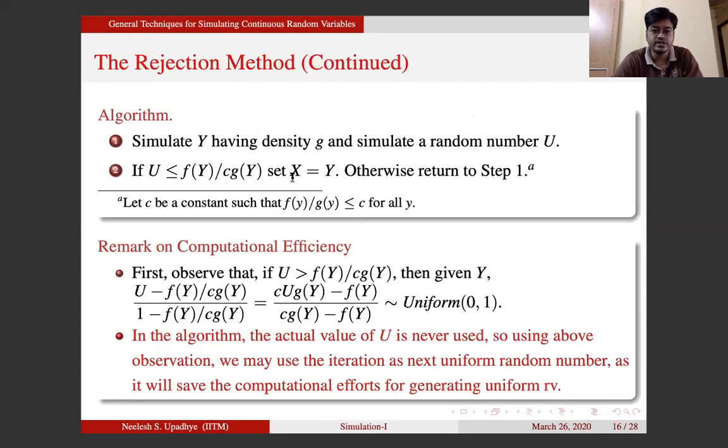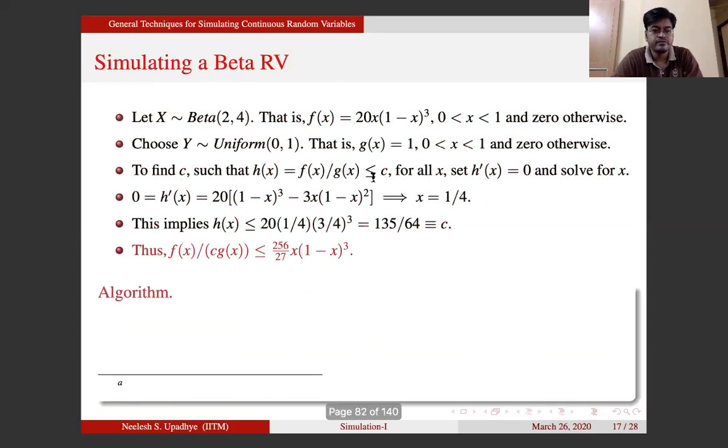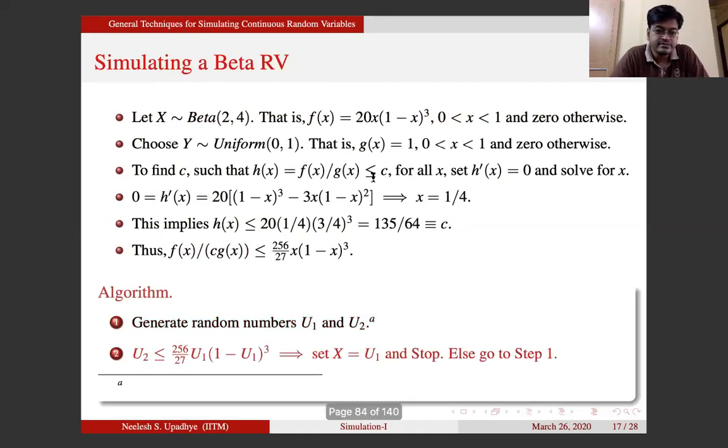We have figured out what it is, and we will simulate a random variable. So I have generated two random numbers, u1 and u2. Then 256/27 u1 (1 minus u1) cubed is f(x)/(c g(x)), and therefore you got this. If it passes this test, then you will set x equal to u1 and stop. Otherwise you go back to step 1.